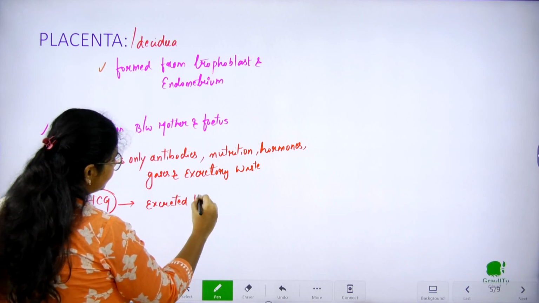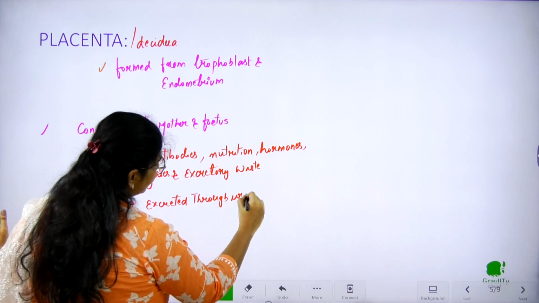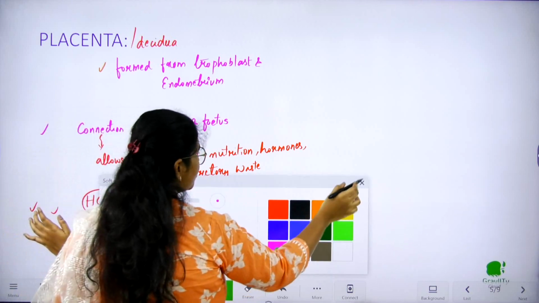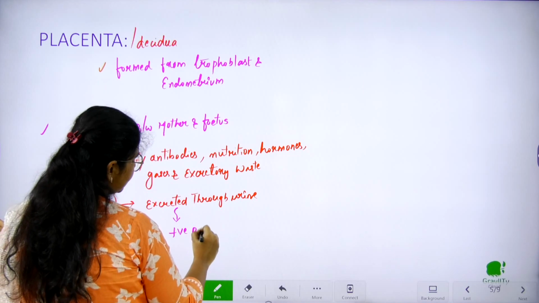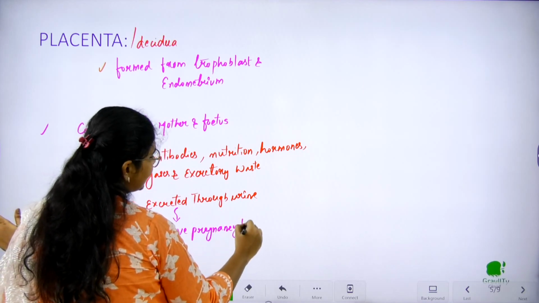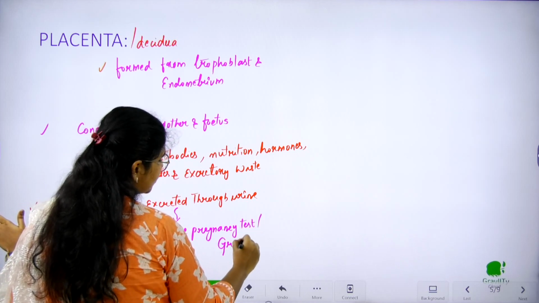So if HCG is recorded in the urine, what does it mean? This gives a positive pregnancy test. And this test is called the Gravidex test.